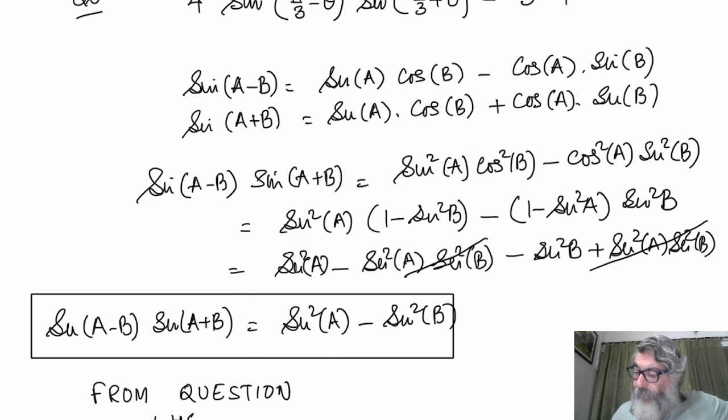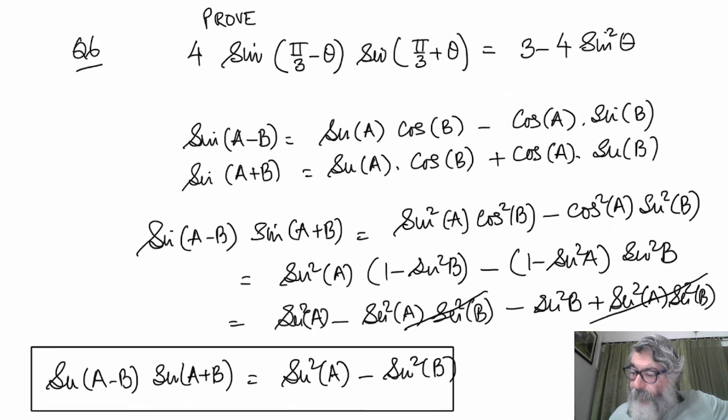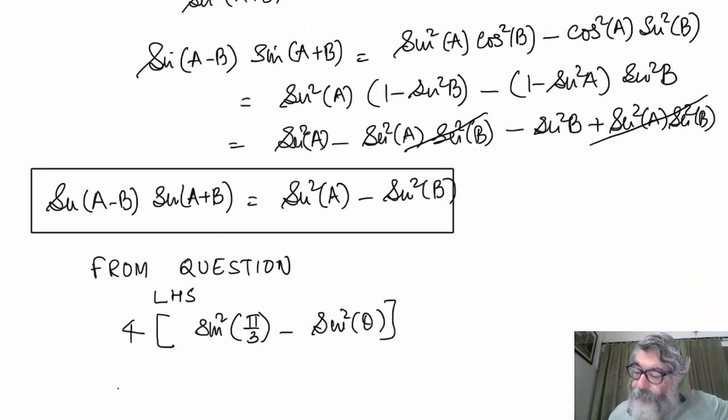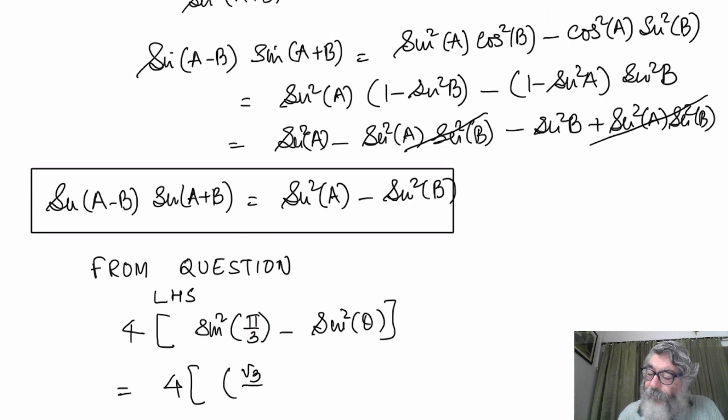Let us see what it becomes. Sine pi by 3 is sine 60, root 3 upon 2. Root 3 upon 2 whole square minus sine square theta.